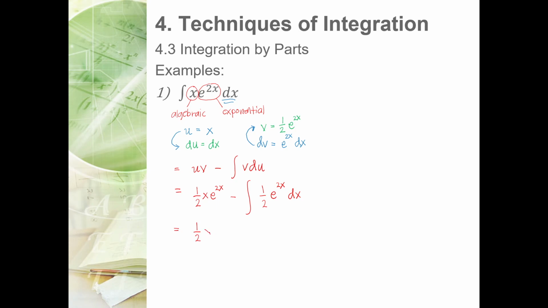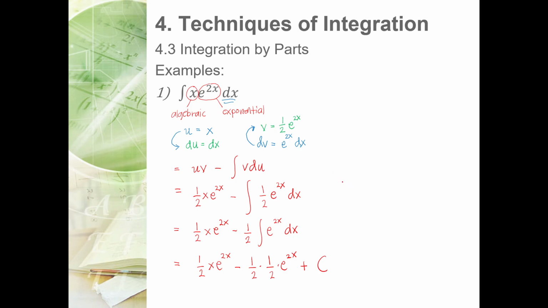Making it more simplified by taking 1/2 outside, you have 1/2 integral of e raised to the power of 2x dx. Upon integration, you have here 1/2 x times e raised to the power of 2x, then minus 1/2 times 1/2 e raised to the power of 2x plus c.